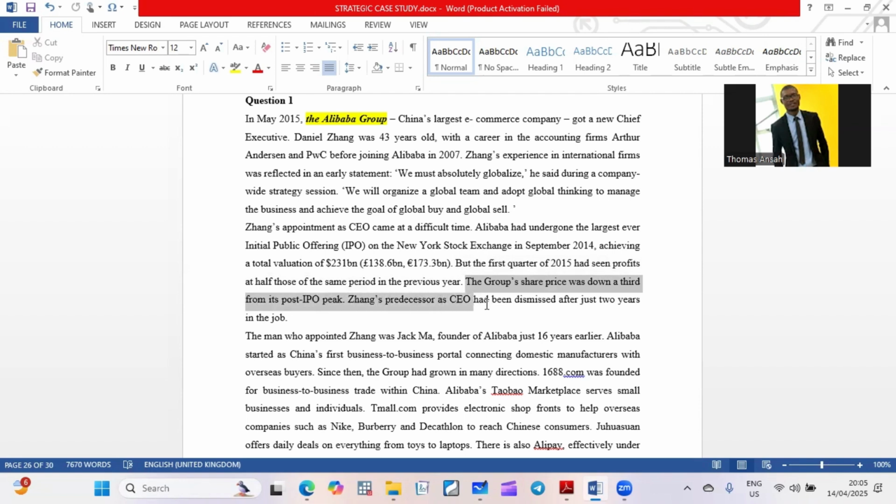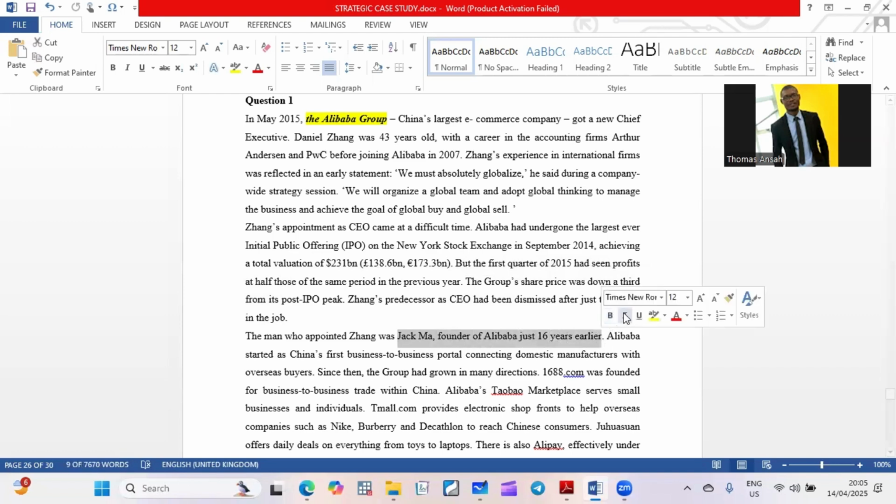Zhang's predecessor as CEO had been dismissed after just 2 years in the job. All right. The man who appointed Zhang was Jack Ma, the founder of Alibaba.